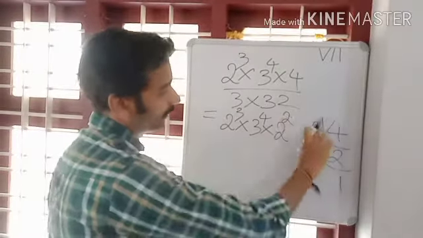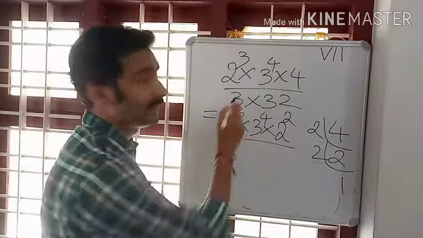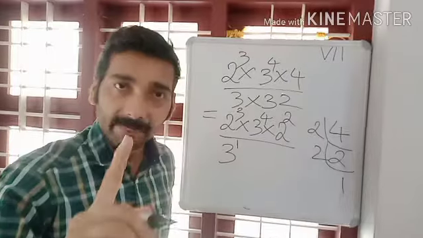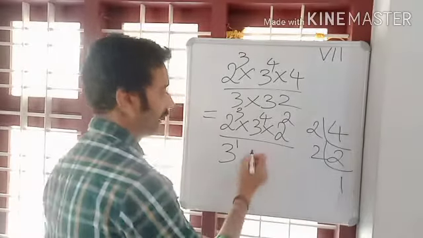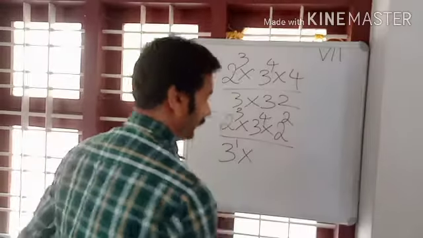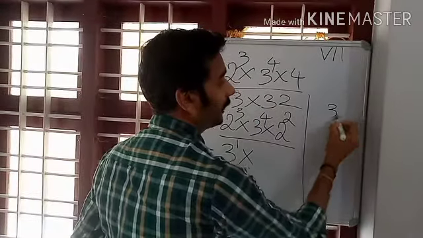So 4 is 2 raised to 2. Divided by 3 means 3 raised to 1. Into 32.